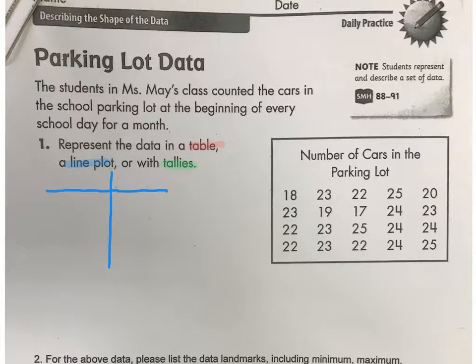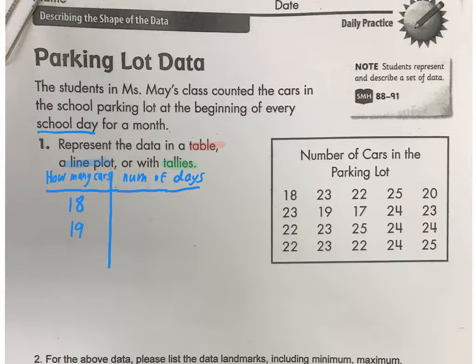And then here you'll have how many cars, and this would be the number of days. Each day, number of days would be over here. And then it looks like the minimum is going to be 18. And then you just list this out.